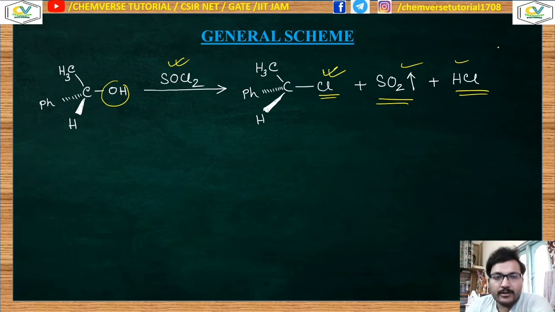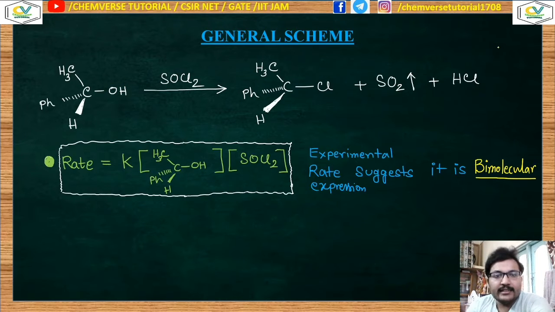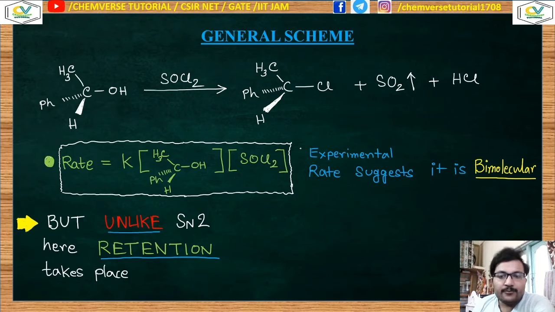Now one very interesting feature is that it is a bimolecular reaction mechanism. From the rate expression I can identify that in the rate equation both the concentration of the alcohol and thionyl chloride are involved. But the interesting feature is that a bimolecular system should generally follow the SN2 mechanism, but here, unlike SN2, retention takes place.